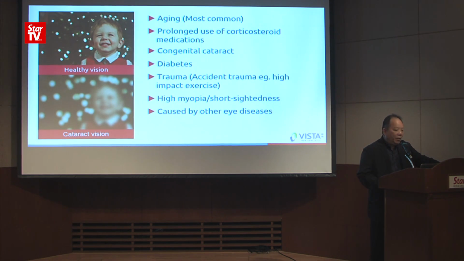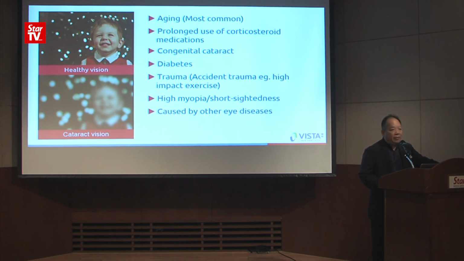A child can be born with cataract, and that's what we call congenital cataract. And a growing child, initially, when born, has no cataract, but as he grows into adolescence, he can develop cataract also. This is what we call developmental cataract.